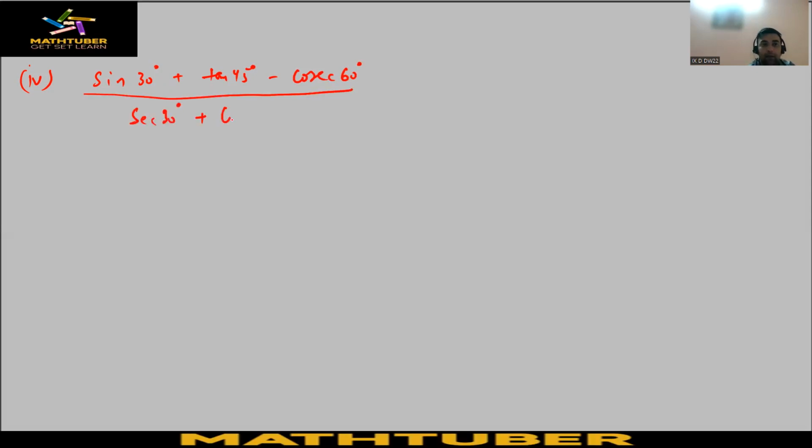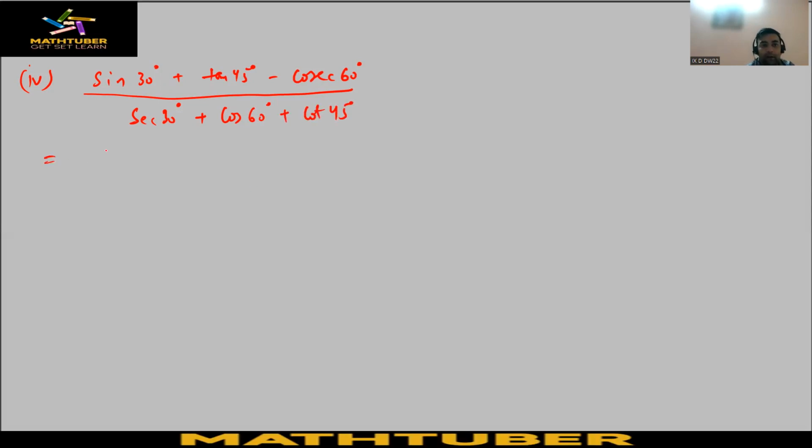Now let's move to the fourth part of this question. Fourth part is sine 30 degree plus tan 45 degree minus cosec 60 degree divided by sec 30 degree plus cos 60 degree plus cot 45 degree.